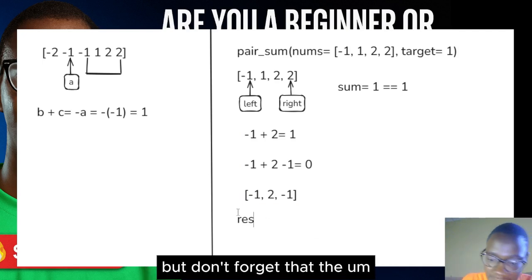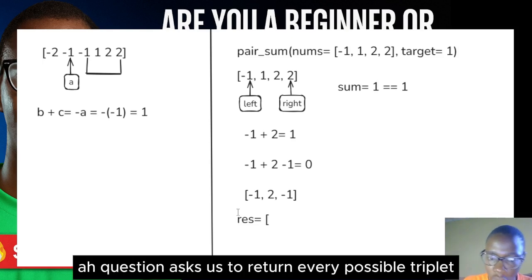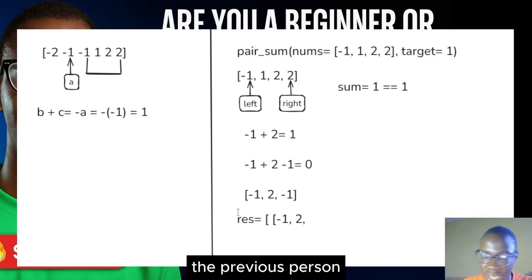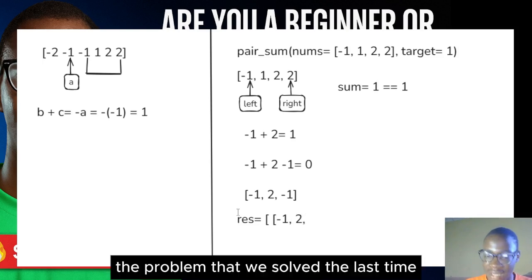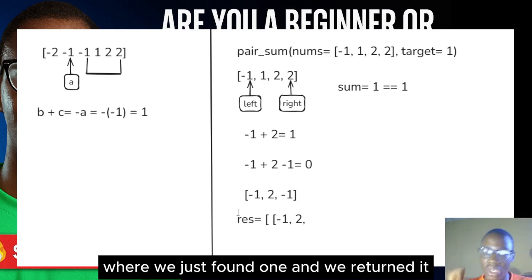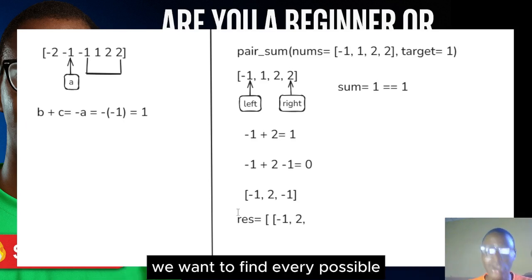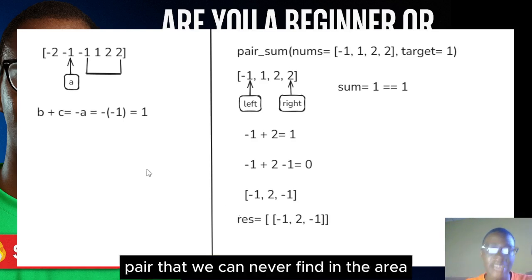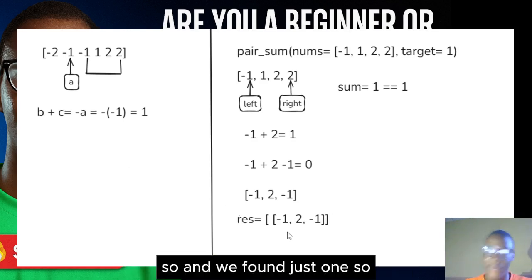But don't forget that the question asks us to return every possible triplet. So unlike the previous pair sum problem that we solved last time, where we just found one and returned it, we are not going to be returning now. We want to find every possible pair that we can find in the array, and we found just one.